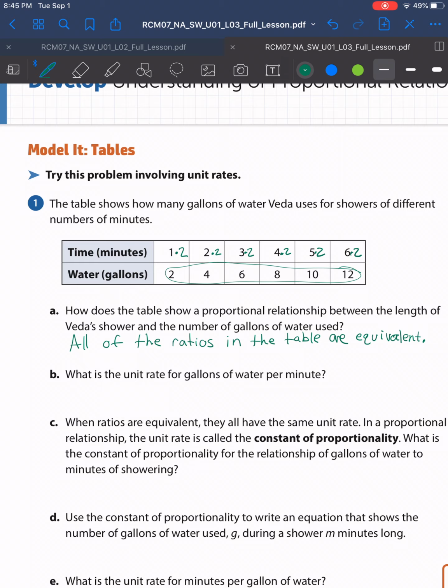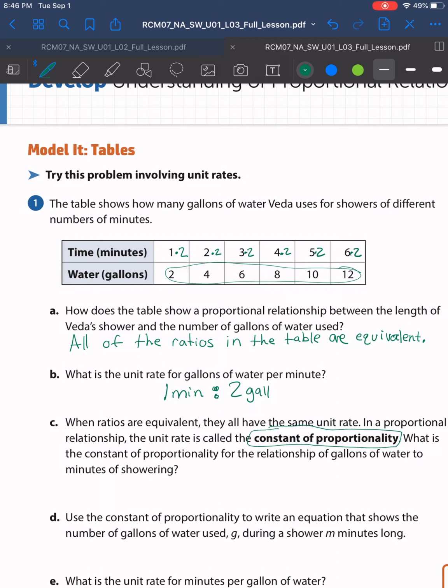Okay, can't spell. What is the unit rate for gallons of water per minute? So 1 minute is the same as 2 gallons of water. That's the unit rate. When ratios are equivalent, they all have the same unit rate. In a proportional relationship, the unit rate is called a constant of proportionality.